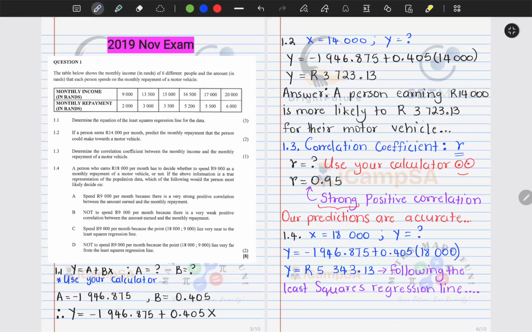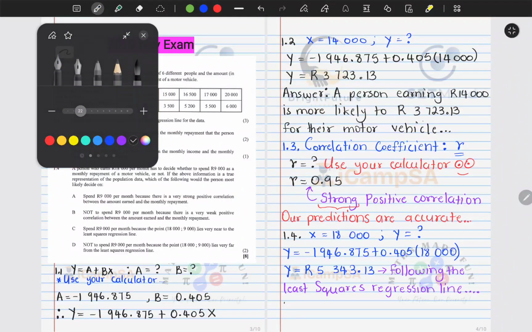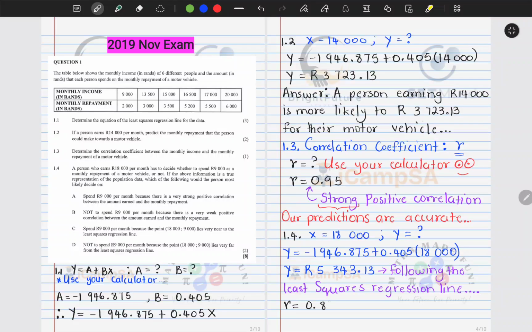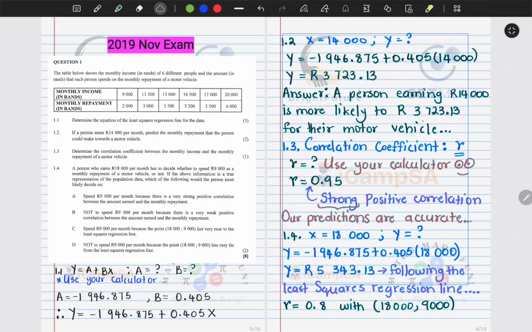So this means now our R has become 0.8 with the point where someone is earning 18,000, but they want to pay 9,000. So our coefficient of correlation has decreased, meaning this here is out of the norm according to our regression expression. That is what the expression is telling us here, that this here is out of what we were expecting. So let's see which one of the options we are supposed to choose for 1.4.